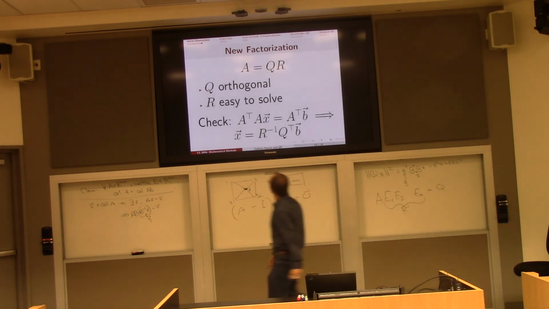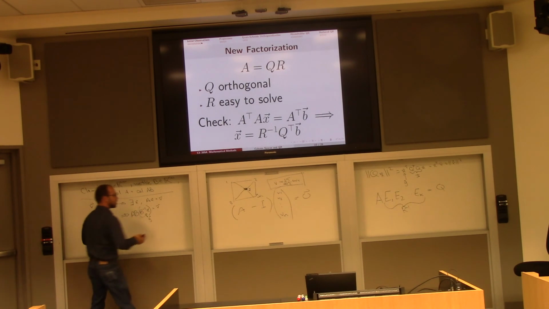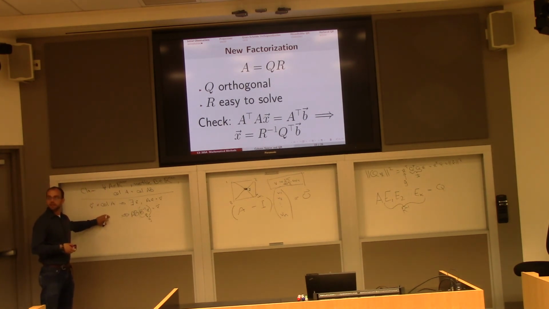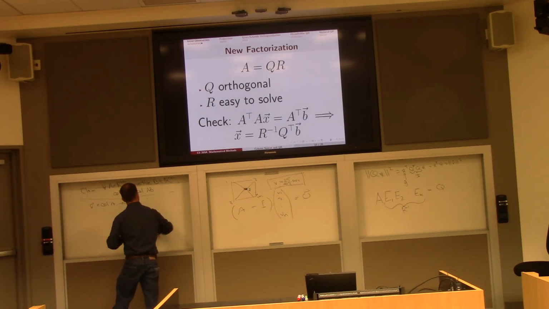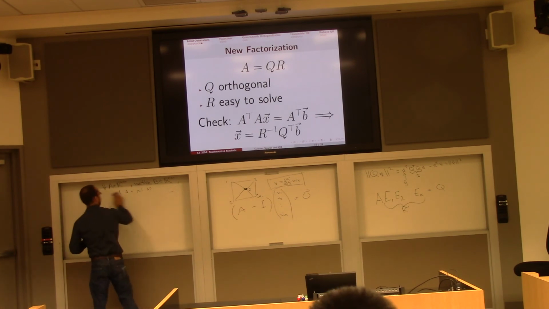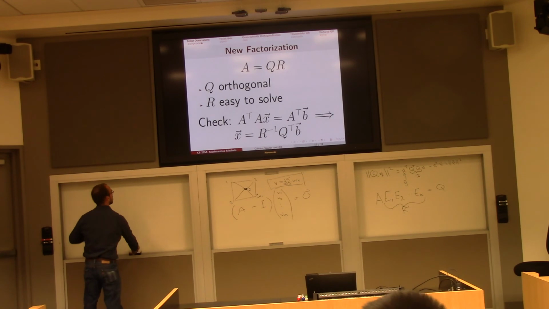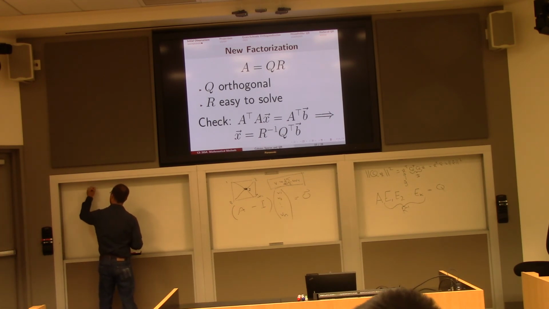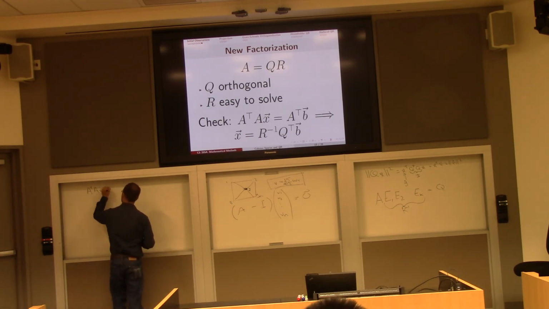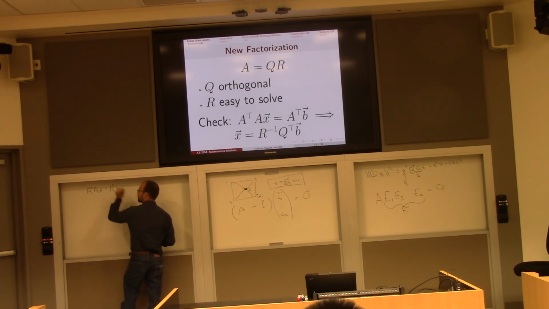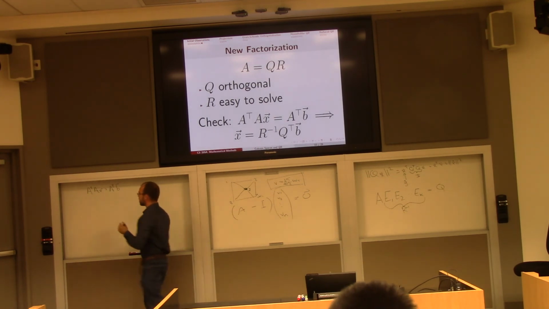And in particular, why is this easy? Well, let's say I wanted to solve that least squares problem. I'm going to erase this, if that's okay. Okay, so let's say we want to solve A transpose A X equals A transpose B, right? Our favorite system of equations. But what is this thing?